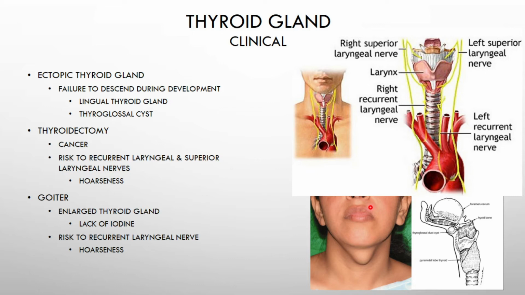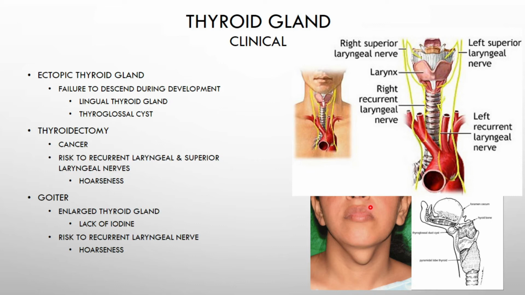So not only does it have implications for your speech, so if those nerves become damaged, you would have a hoarse voice, but also there's potential that if the posterior cricoarytenoid muscle was paralyzed, you are unable to open your vocal folds and let air in at all. So that would be a very, very dangerous state to be in. So it can affect breathing and it can affect talking.